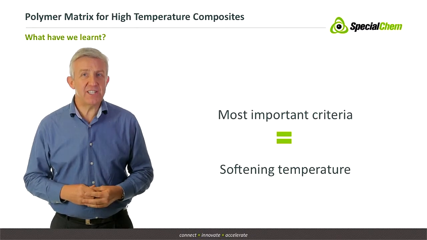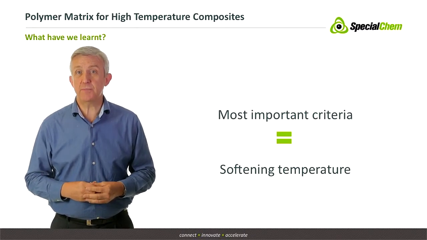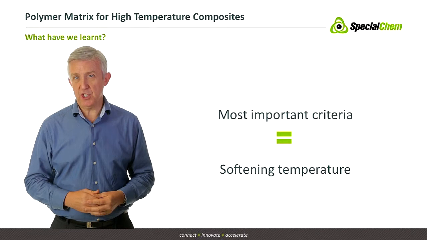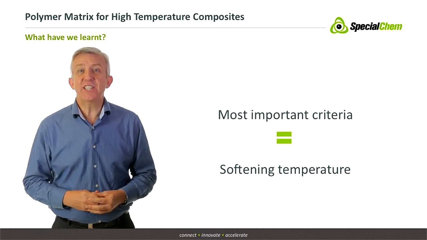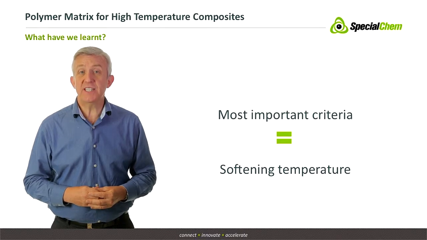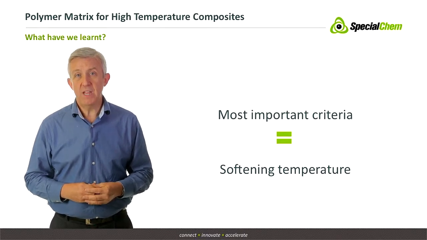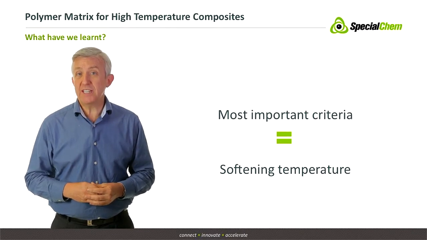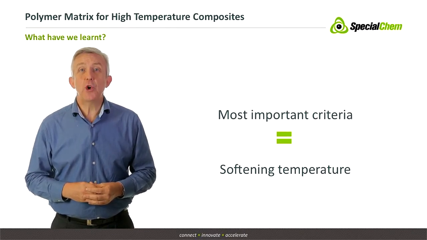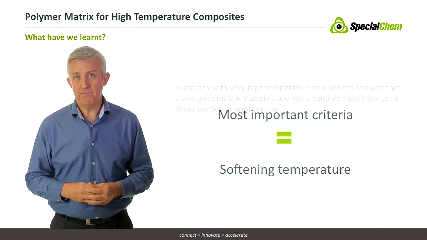We have provided criteria for the selection of the matrix material in your high temperature composite. The most important feature of the composite is the surface temperature that the composite must withstand. That determines the softening temperature that the matrix material must possess to be used in your particular application.